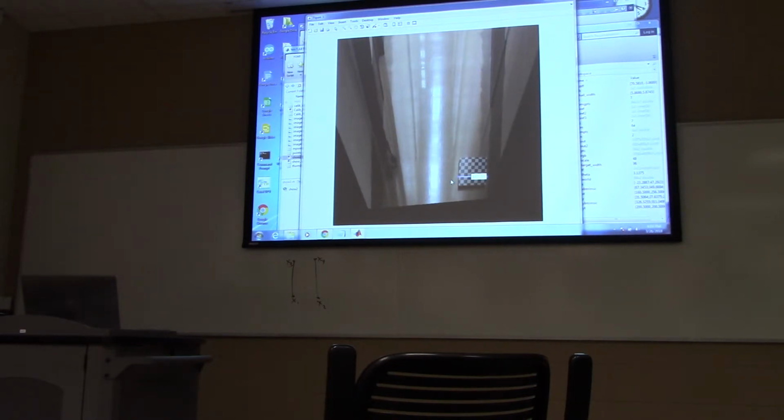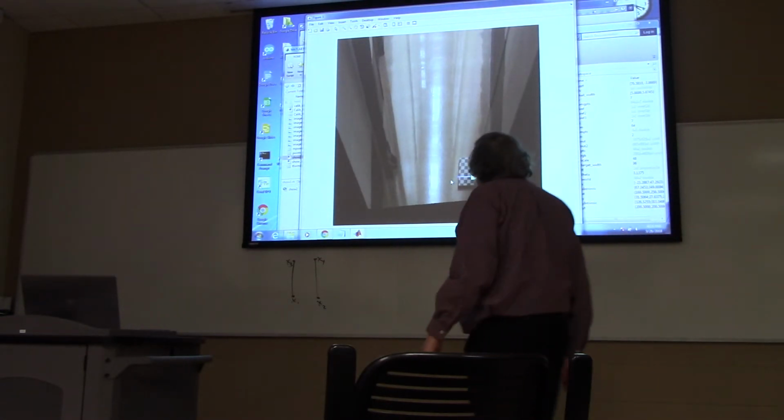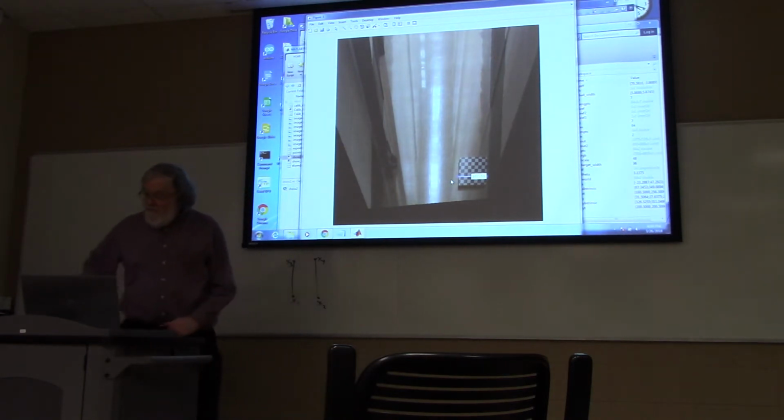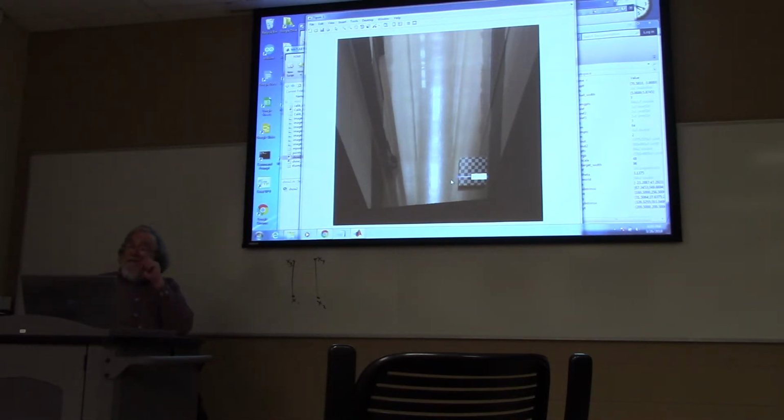So moving the camera from one place to another may have disturbed things a little bit, or even pushing the shutter, because the tripod is not perfectly aligned. Okay, any questions there? With any luck, that should be of some help when you're working on the homework assignment.